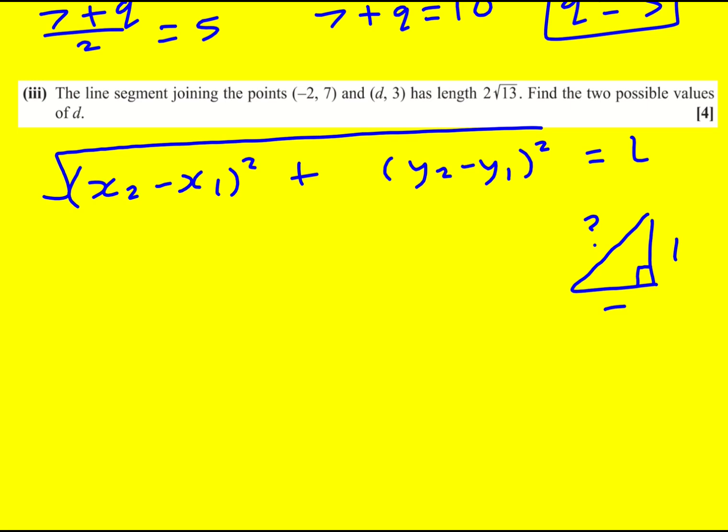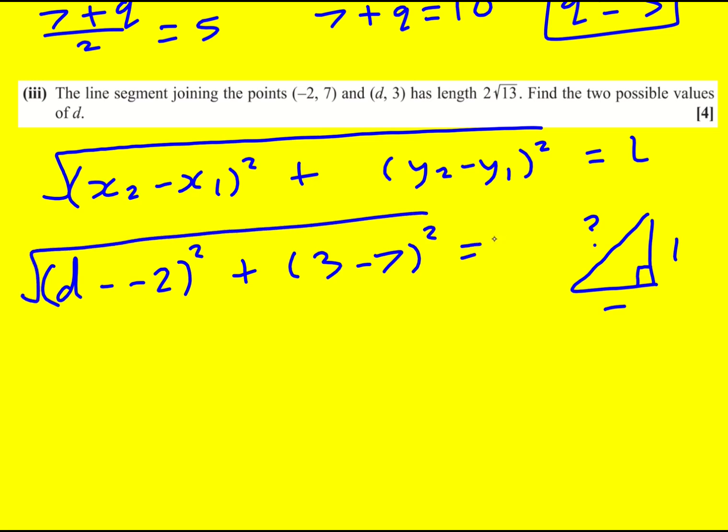So, right, I can do d minus minus 2 squared plus 3 minus 7 squared, square rooted. It's going to equal 2 root 13.